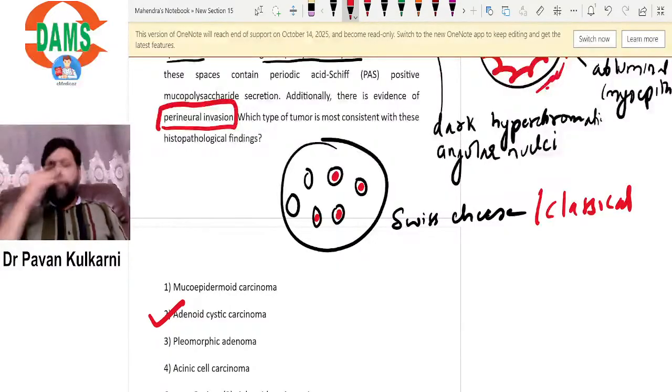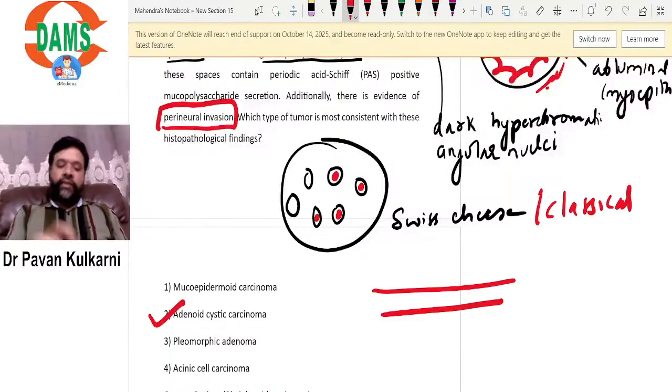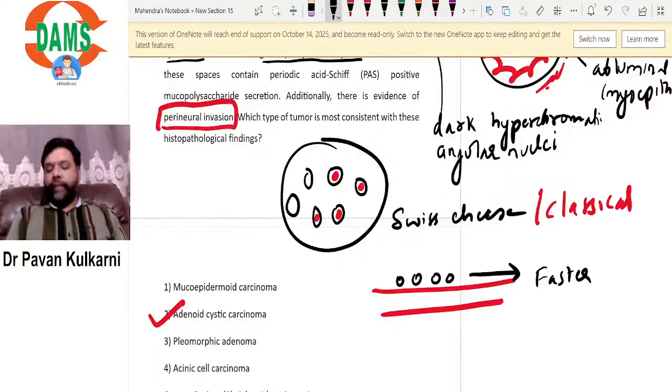And remember, adenoid cystic carcinoma is the one which shows perineural invasion. Perineural invasion means suppose there is a nerve, alongside the nerve the tumor cells spread like this. Because of this, there will be faster spread.